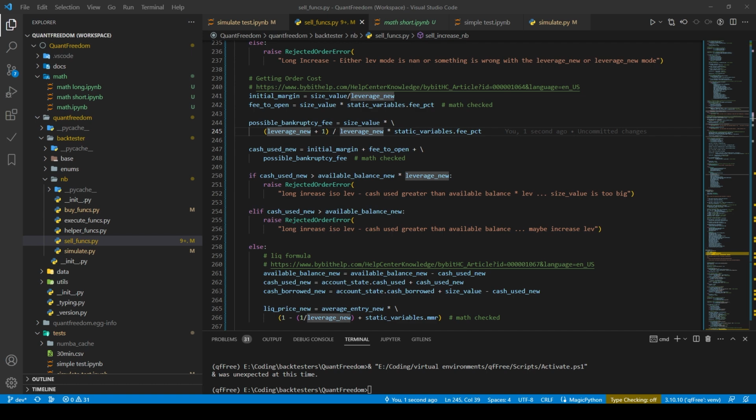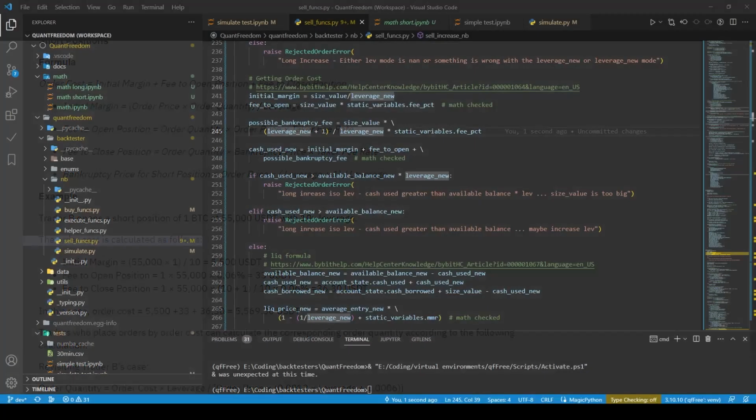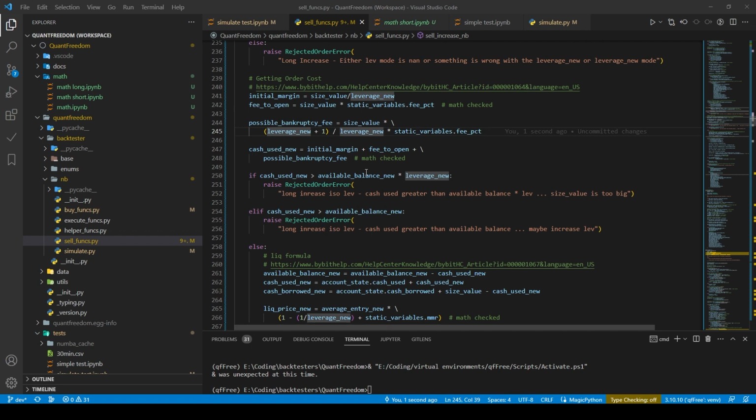Oh, the fee to close position is the bankruptcy price. Okay, I remember now. So it's just this times the bankruptcy price times the taker fee, and that's what we're doing over here. Okay, yeah, they just did a terrible job with their documentation.